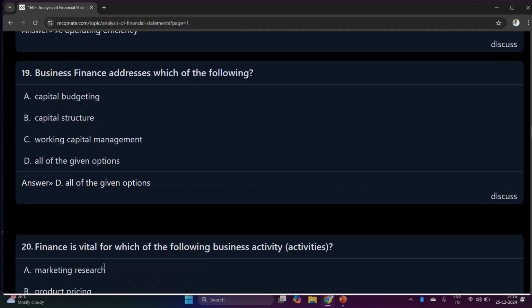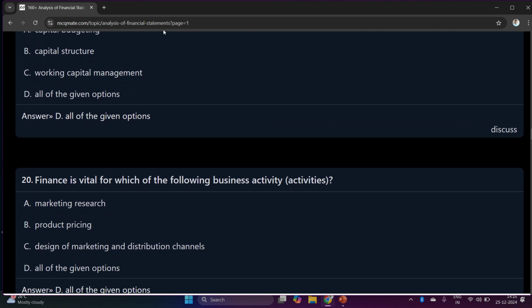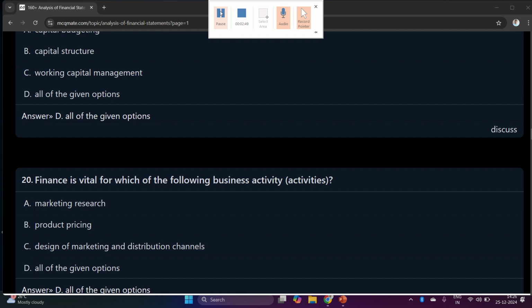Working capital management also. Finance is vital for which of the following business activities? Marketing research, product pricing, design of marketing and distribution channels, all of the given options. So finance is vital for marketing research, for product pricing, for design of marketing and distribution channels.